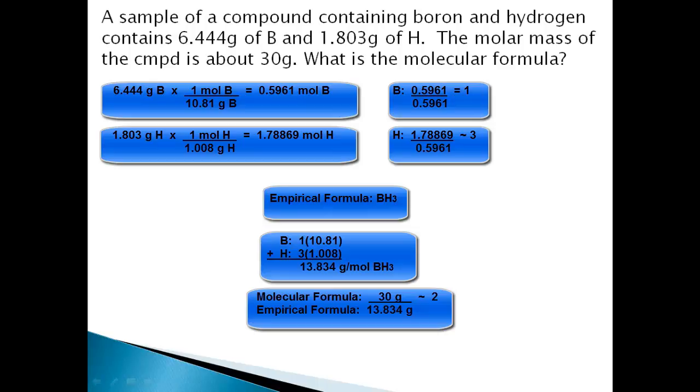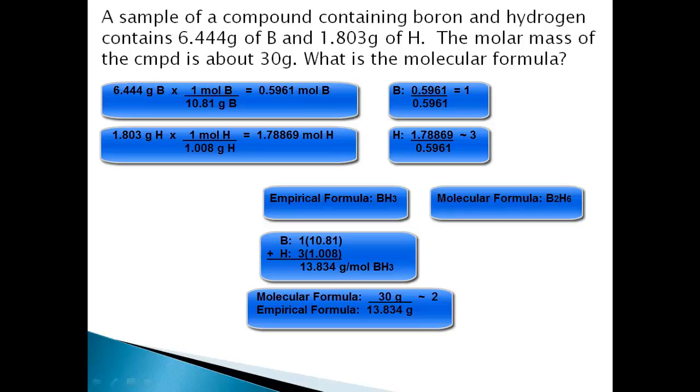When they say it's about 30 and you have a number that's close enough, I think we got like 2.16, that's close to 2. So that means that the empirical formula fits into the molecular formula 2 times. So you have to multiply the empirical formula by 2. Each element of the empirical formula, you have to multiply times 2.